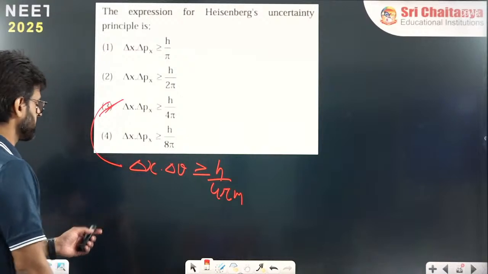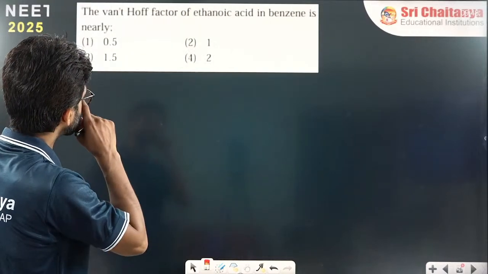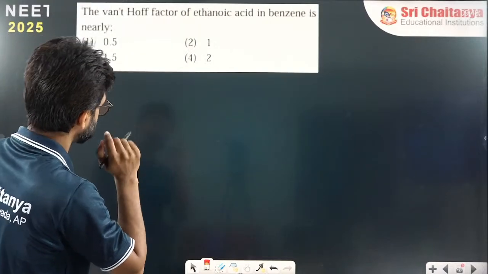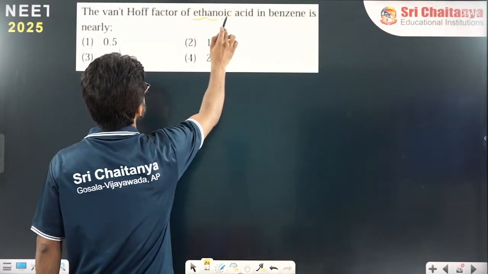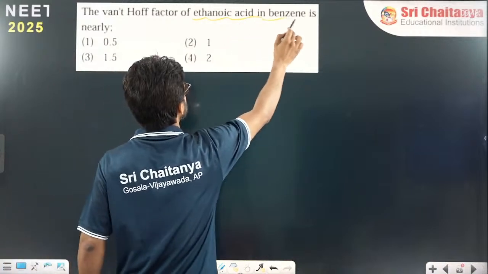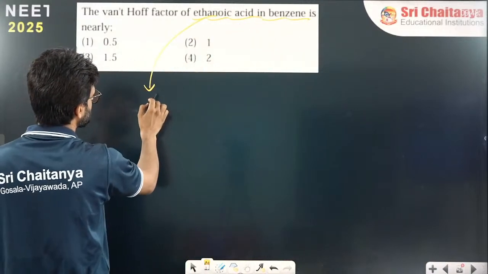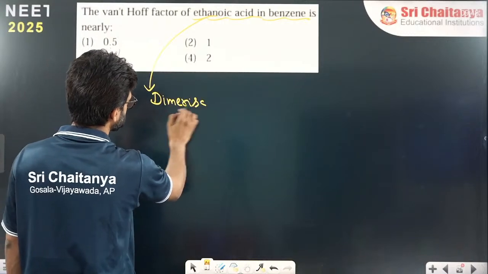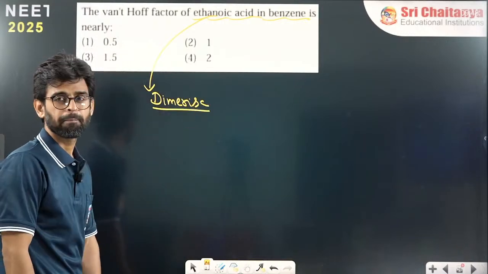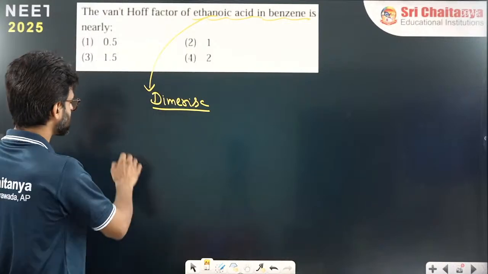Easy questions. The Van 't Hoff factor for the ethanoic acid in benzene. It's a very important question. Ethanoic acid in benzene. Be careful, solvent is benzene. So it will dimerize. Ethanoic acid dimerizes because of hydrogen bonding. If something dimerizes it means it is associating.